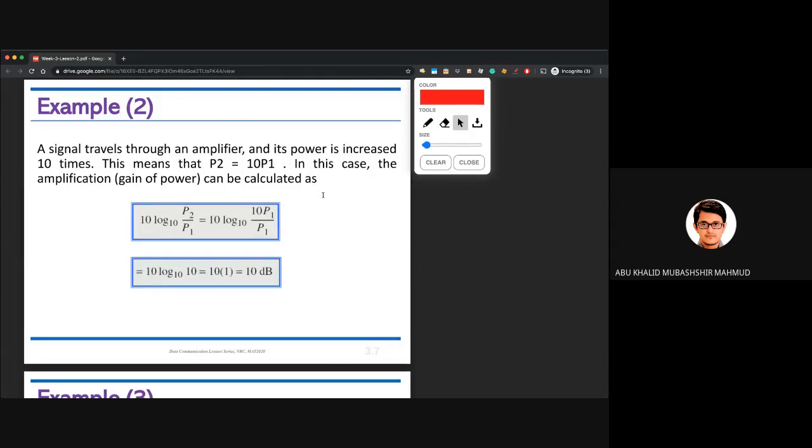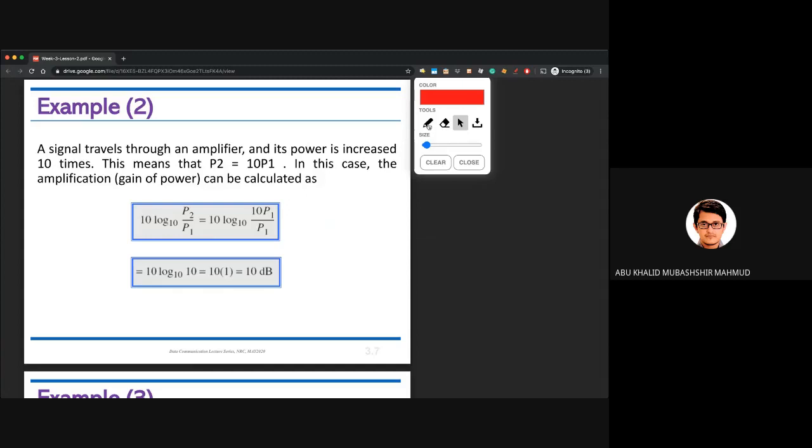So here we see the amplification or gain of power. I have already discussed this, so I think you get that. But if you have any problem regarding this math, you have to contact me, and I will repeat it throughout this course and this lecture.